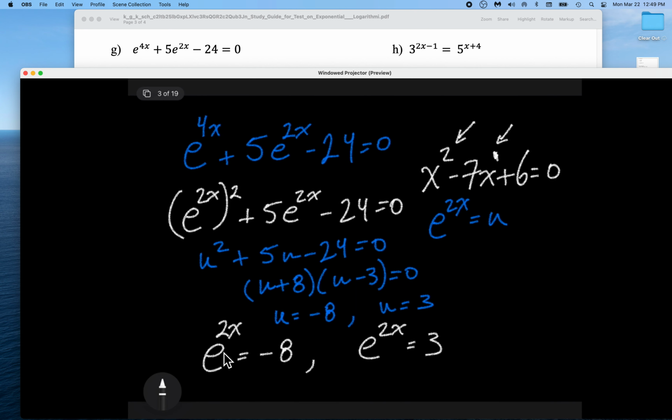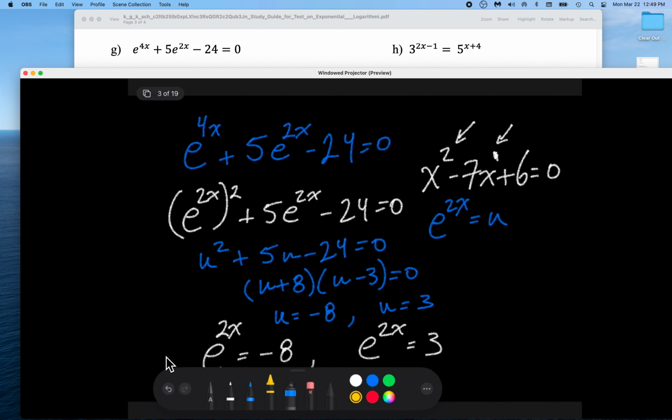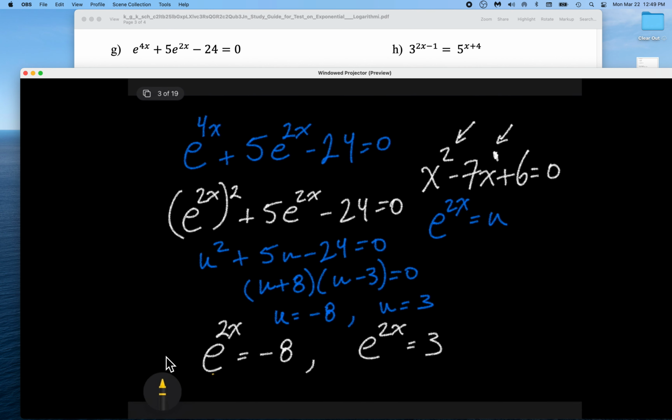Now when we look at this, the only way to solve it is to take the natural log of both sides. If we take the natural log of the expression on the left, we would have natural log of e to the 2x equals natural log of negative 8. We immediately reject this because you cannot take the natural log of a negative.